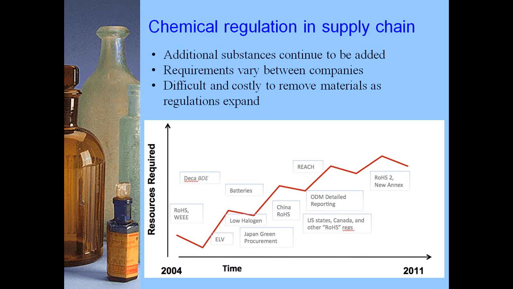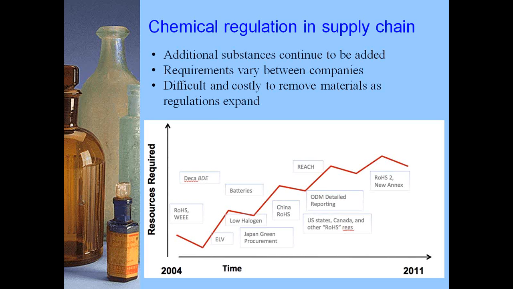Several states have banned flame retardants like polybrominated diphenyl ethers. There's a lot of work going on in Europe and the European Union. China, for example, has recently expanded its chemical legislation and is implementing a REACH-like law. So it's very clear that more and more legislation is going out there.